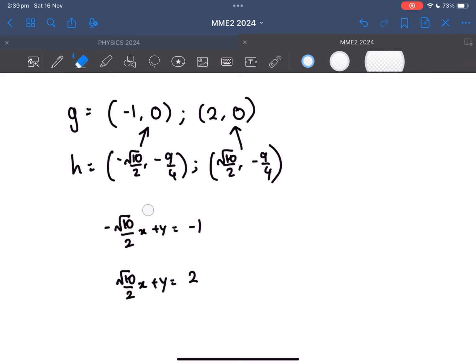So now we have our two equations and our two variables, so we can solve this and obtain our dilation factor and translation quite easily just by doing that.